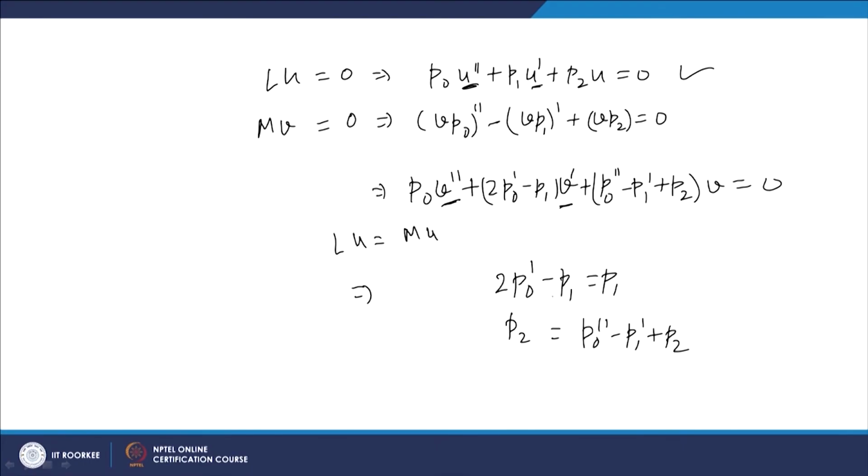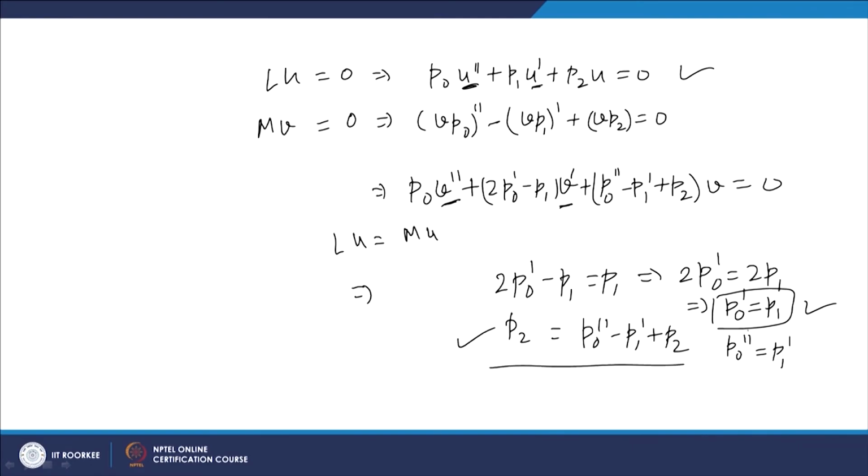If you simplify this, you get 2 p naught dash equal to 2 p1, so p naught dash equals p1. Using this, p naught double dash is equal to p1 dash, so this condition is also trivially satisfied: if you take p naught dash equal to p1, this condition is automatically satisfied.